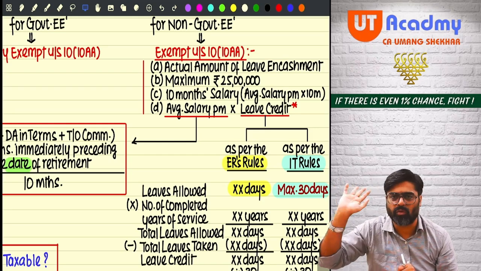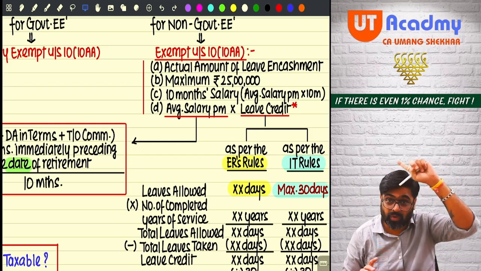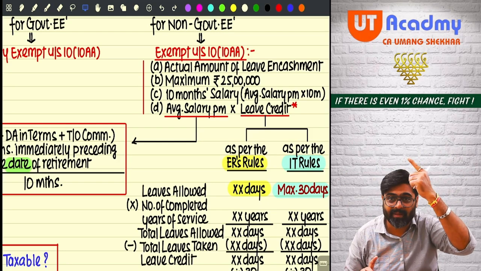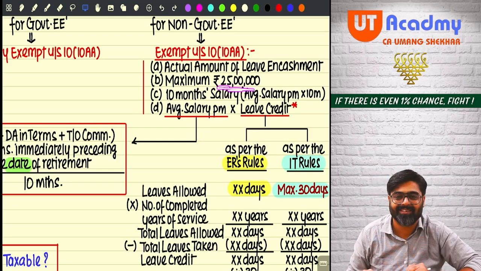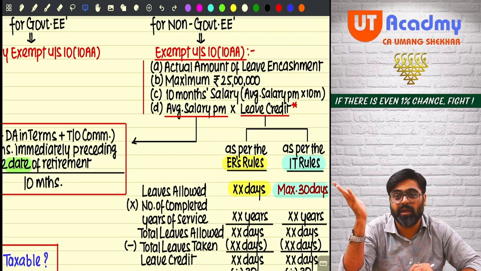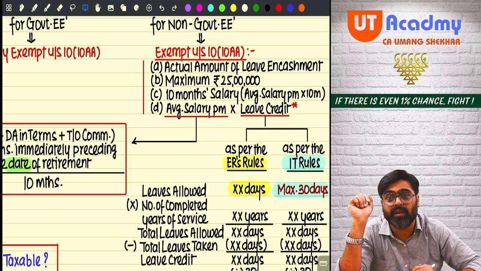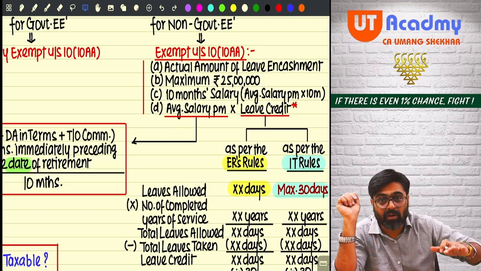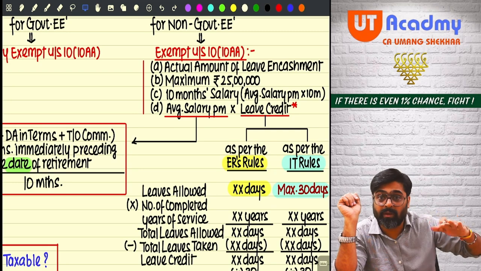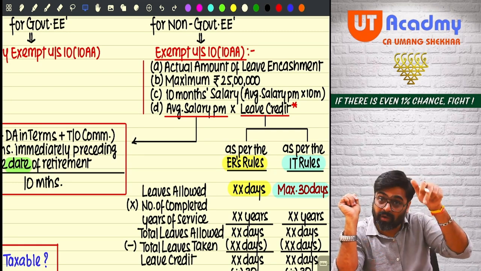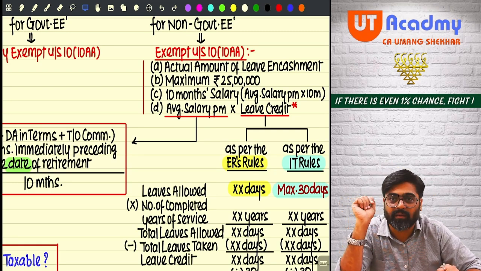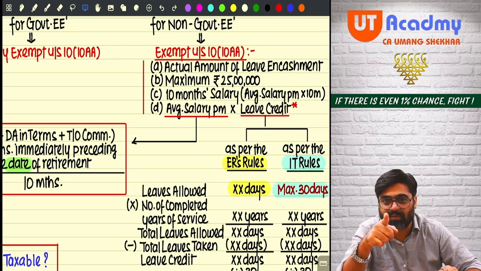As many times as you want. But total exemption in your lifetime cannot be more than 25 lakhs. So for example, if earlier you have taken the exemption under 10(10AA), now your limit will not be 25 lakhs. Your limit will be reduced by the amount which you already exempted under section 10(10AA). This is also lifetime maximum exemption.